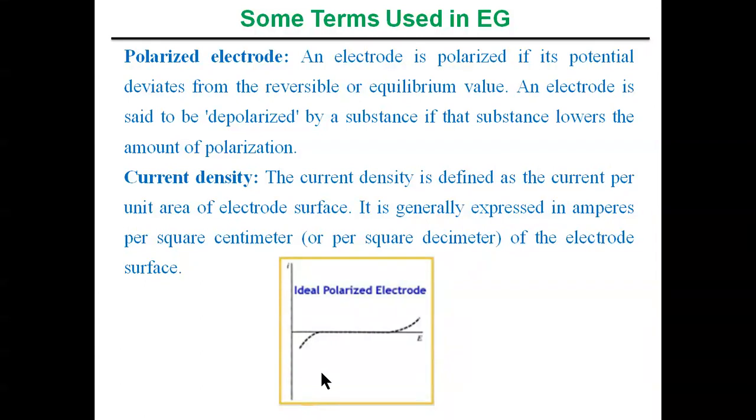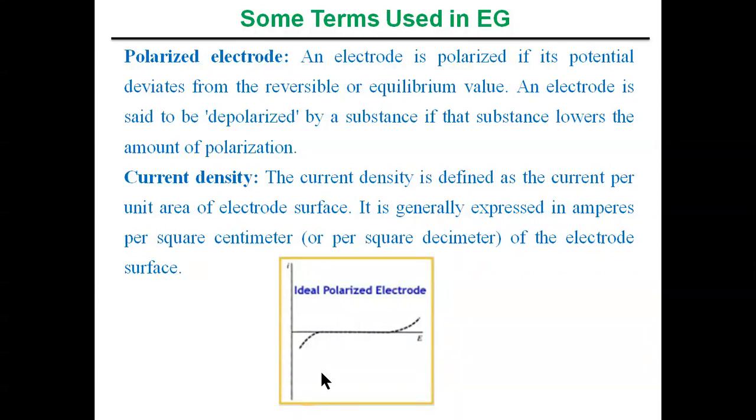Current density is simply defined as follows. We measure the current, and then we just need to see how much surface area is involved in the current generation. You divide the current by the surface area, and then you get the current density.